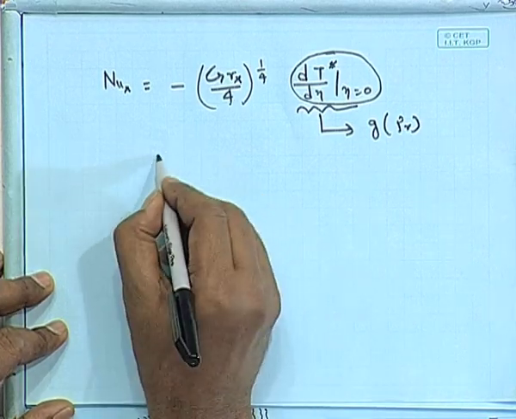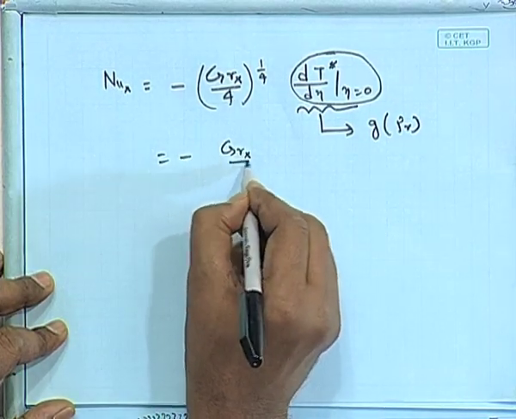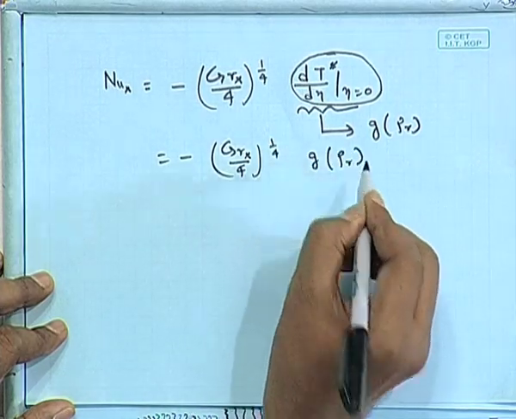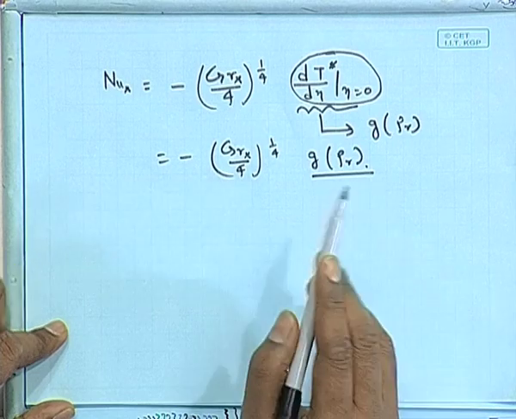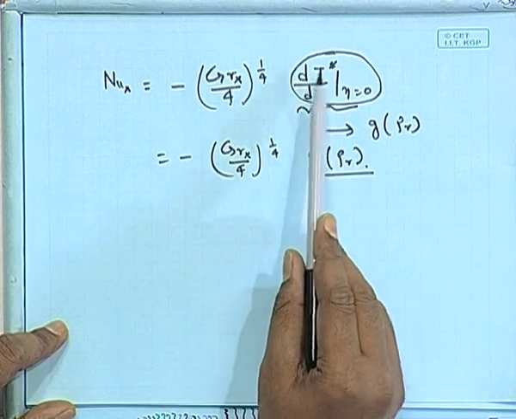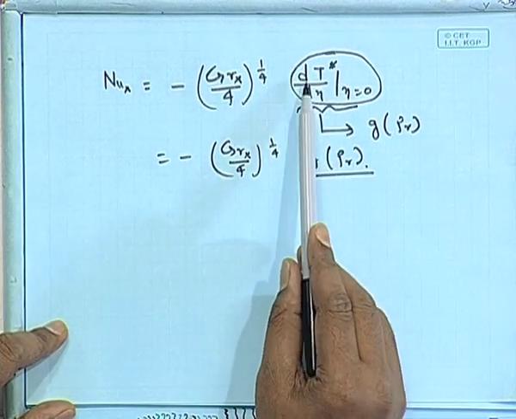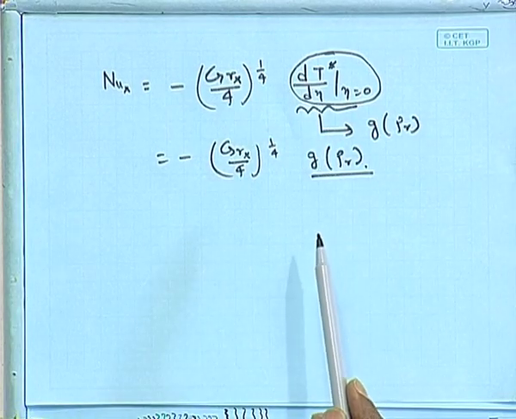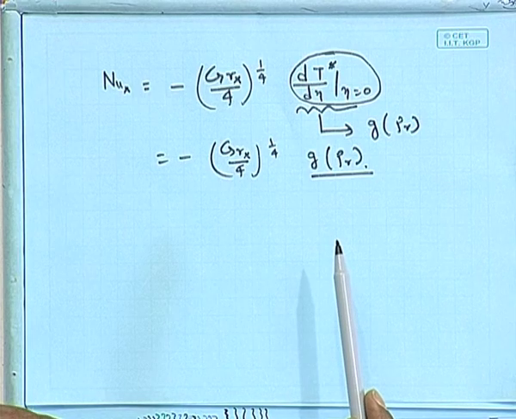Now, this can be written as minus Gr_x by 4 raised to the power 1 upon 4 g of Prandtl. Numerically, you evaluate this derivative dT*/dη for various Prandtl numbers and plot.